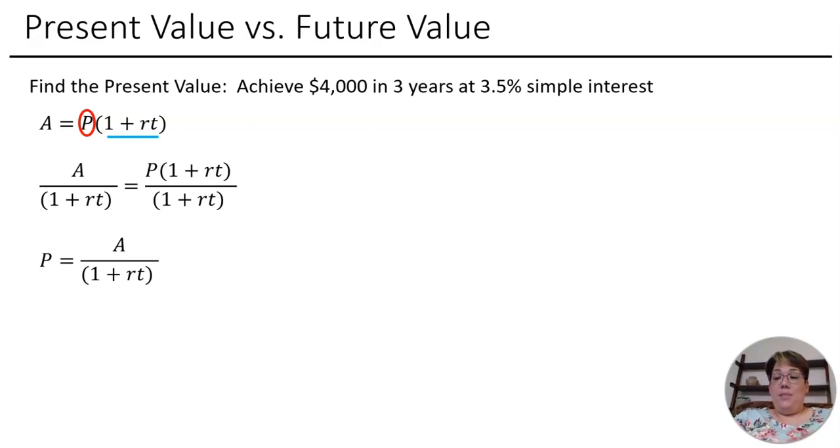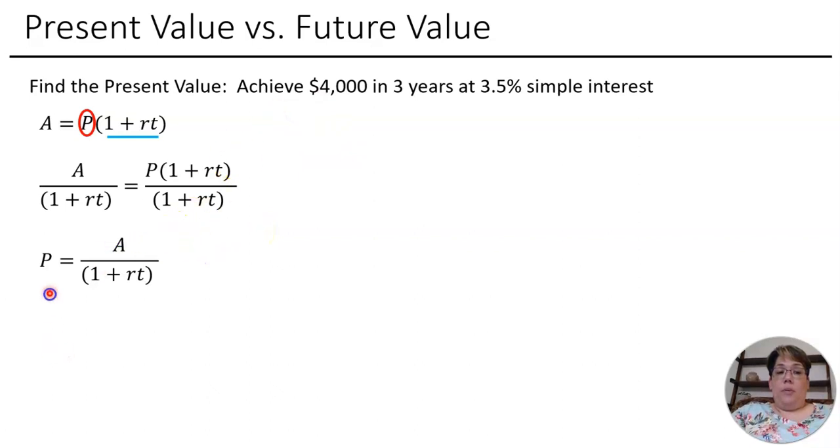I actually gave you this formula on that formula sheet. So the present value formula for simple interest is A divided by 1 plus RT. That is the formula that I'm going to start with.